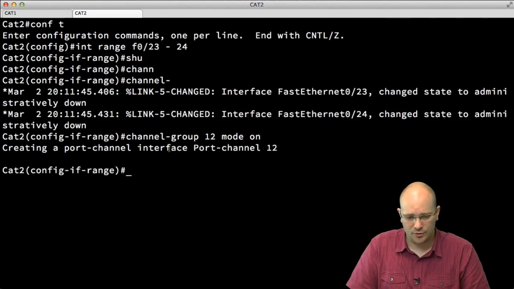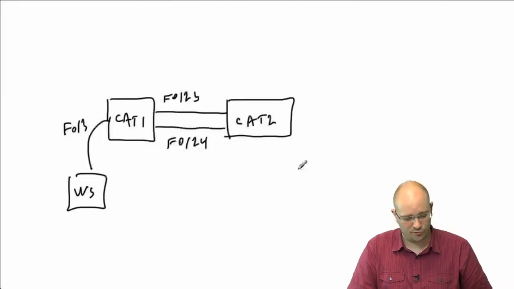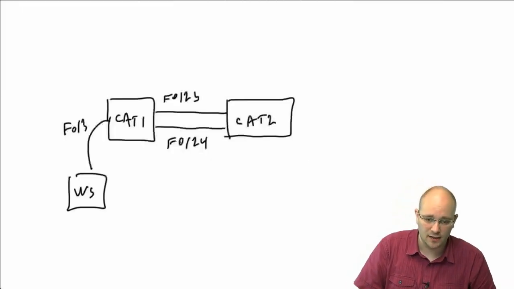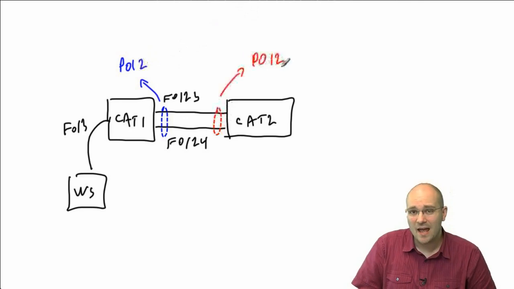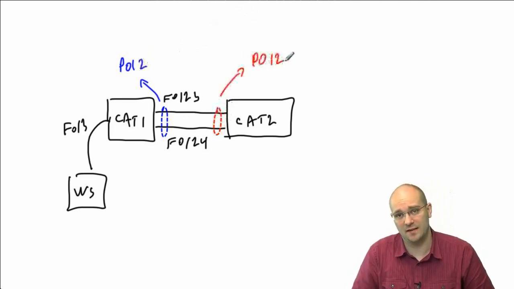Now, I should point out here that in my case, on both sides of the link, I have created EtherChannel 12. So on this side here, I have created port channel 12. And on this side here, I have also created port channel 12. This doesn't have to be the case.